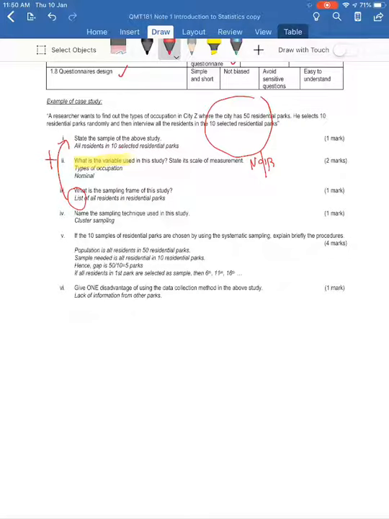If all residents in the first park are selected as a sample, then the 6th park, 11th park, 16th park, and you should be able to continue like this: first, 6, 11, 16, and 21st.